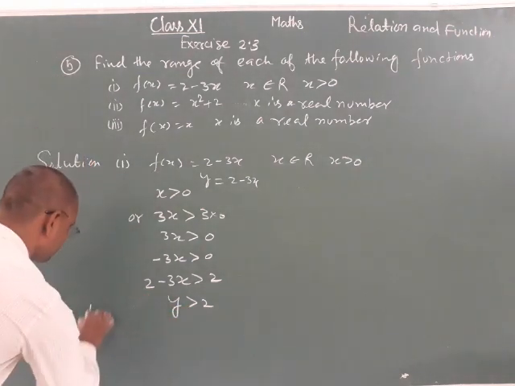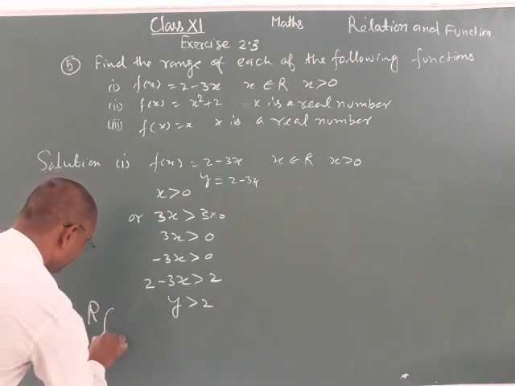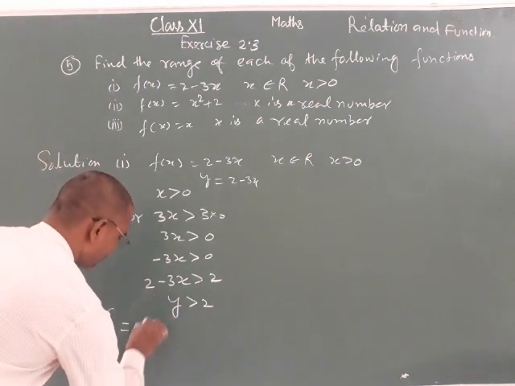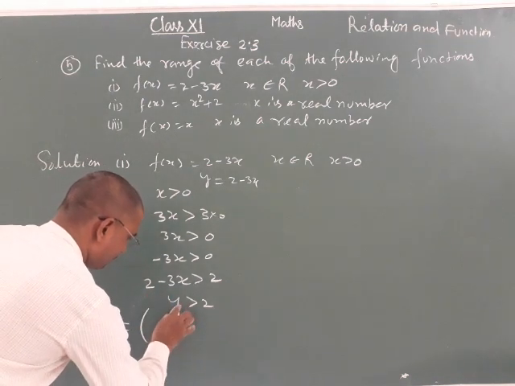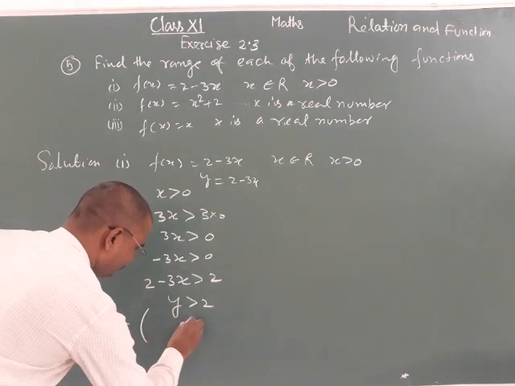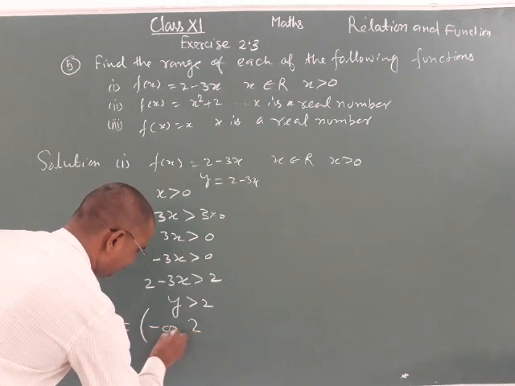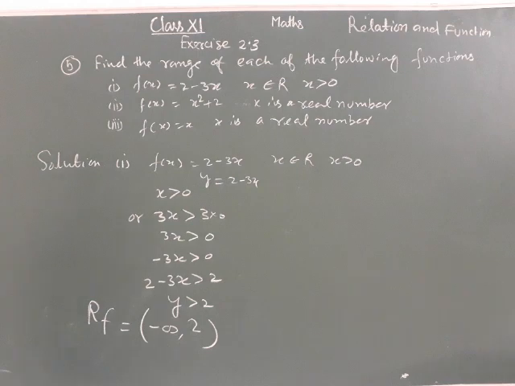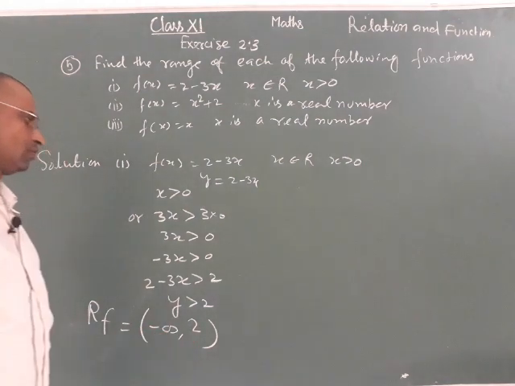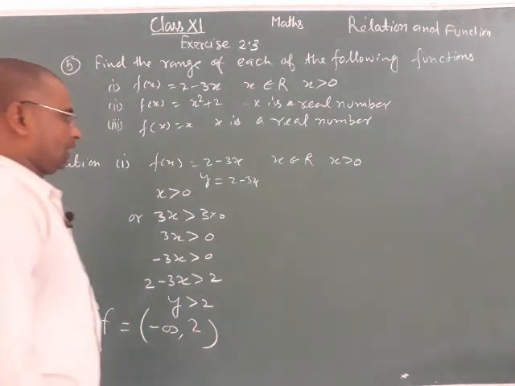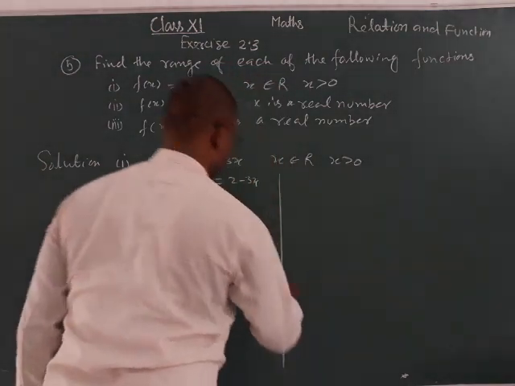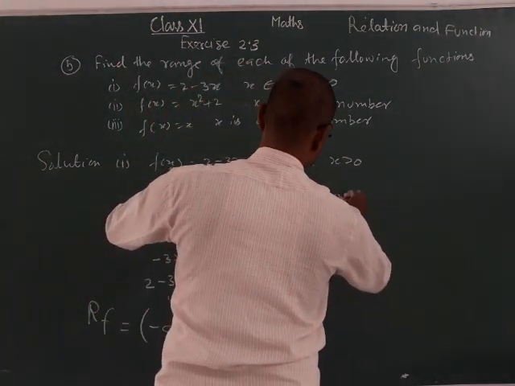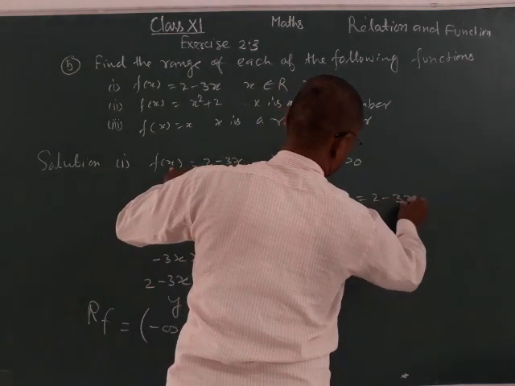So the range is minus infinity to 2. And also f(x) = 2 minus 3x.